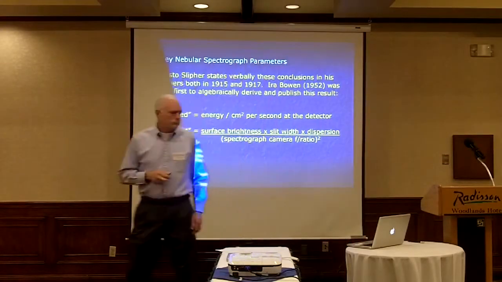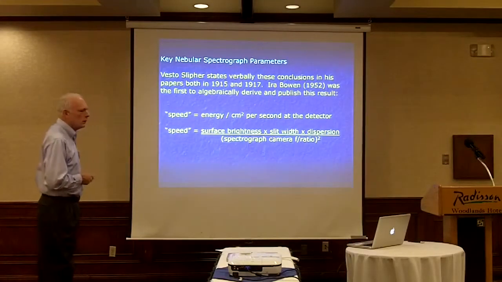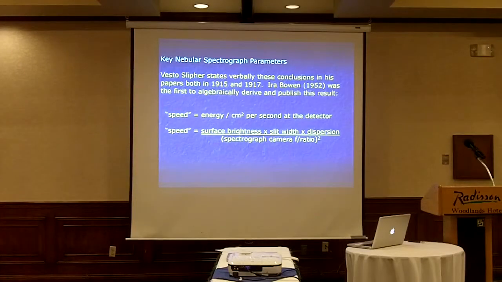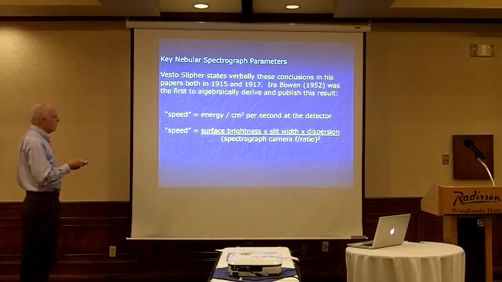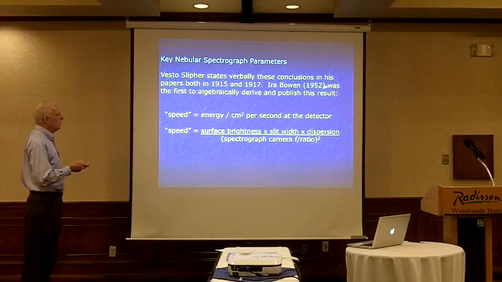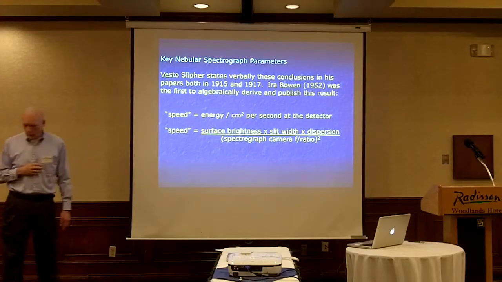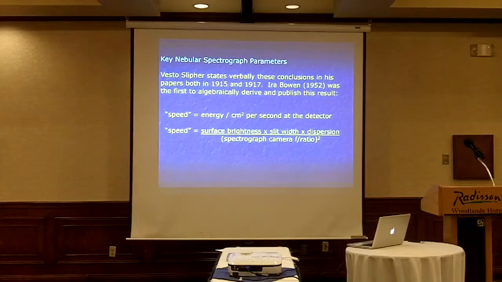And it was in 1952 that Ira Bowen wrote down in a paper in an algebraic form for modern instrument designers the three conditions that students learn in astronomy about how to design spectrographs. In one case, you have a spectrograph with a slit wide enough that all the light goes down through the slit.